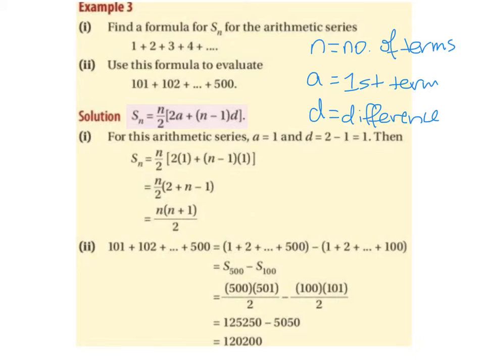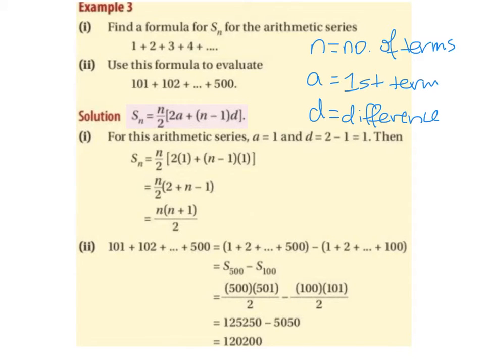And we're only interested from 101 to 500. So this minus this will leave us with this. So that's where that 100 came from, because that is the last term before 101, because we're going up in ones. If we had been going up in twos, for example, the last term before 101 would have been 99, and so on.